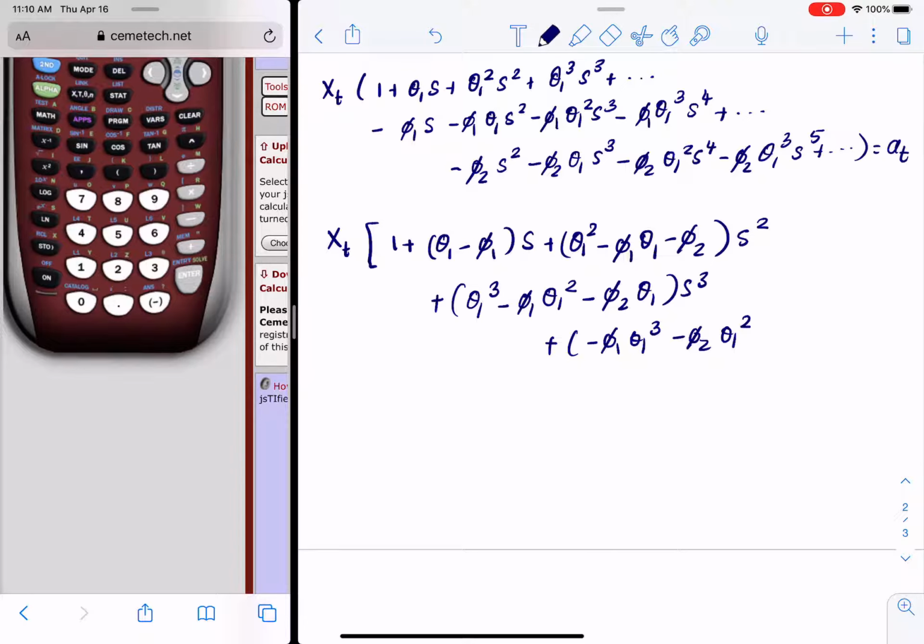I'm going to just leave it as is, because I don't have to go for an infinite order.